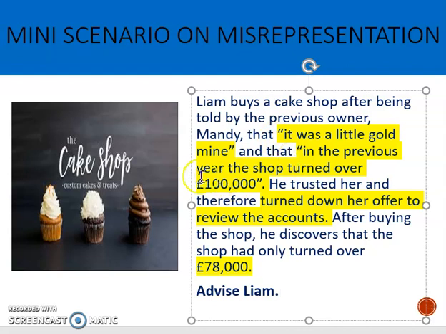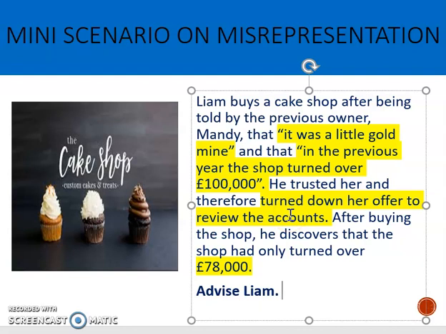However, when she actually gives a figure, it turned over £100,000, that's clearly not opinion, that's a false statement of fact. And we know it's false because we know what it actually turned over. So even if we have a problem with the little gold mine comment, we can certainly take action on this one because it's a false statement of fact which induced the contract.